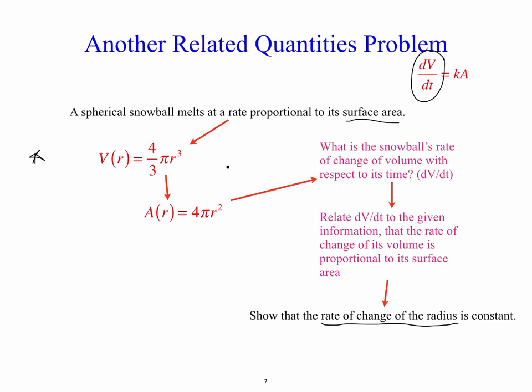Okay, so using this first formula, how would you express the rate of change of volume with respect to time? What's the rate of change of the left-hand side with respect to time? dV/dt, right? What's the rate of change of the right-hand side with respect to time?